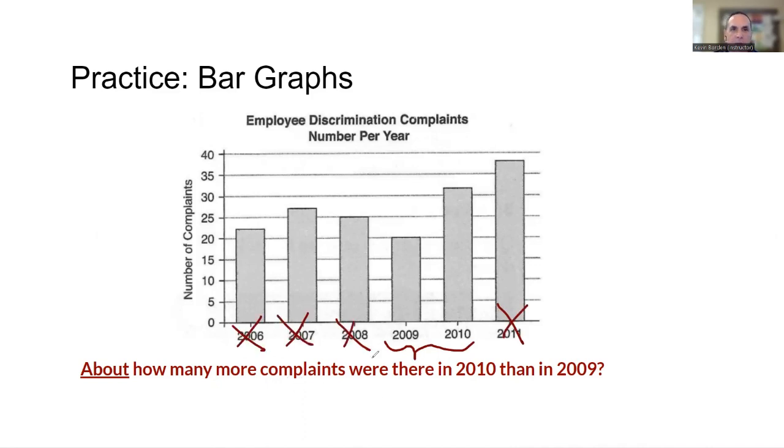And we are simply trying to figure out how many more in 2010 than 2009. So let's estimate. It looks like in 2009, there were 20. It looks like in 2010, maybe it's between 30 and 35. Let's call it 32. So we would say 32 minus 20. It looks like there were 12 more complaints.